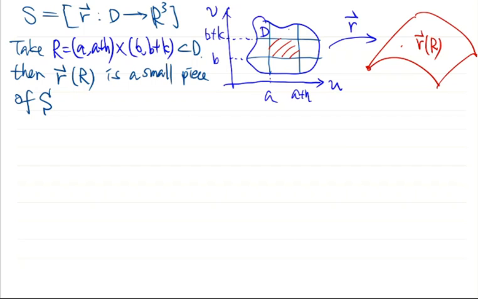Correspondingly, this point is R(A,B), this point is R(A+H,B), this point is R(A,B+K), and finally the last point is the image of this point.